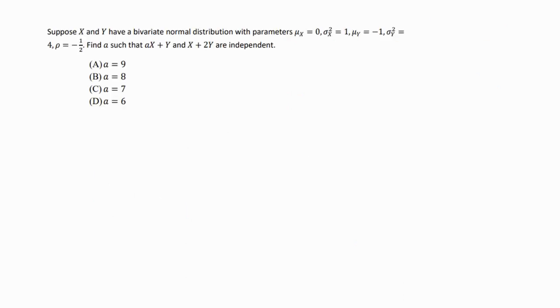Okay. So now the next question is: suppose x and y have a bivariate normal distribution, and we want to find a such that ax plus y and x plus 2y are independent.